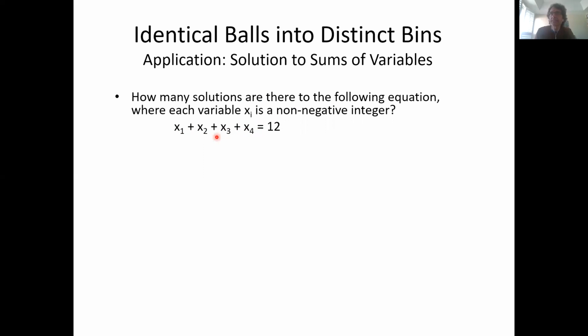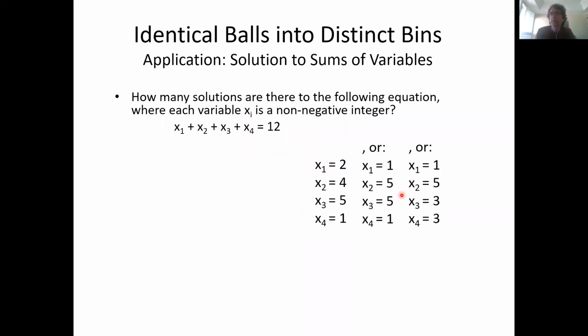Well, that's exactly the number of selections of 12 donuts out of 4 flavors, because this is how many donuts of flavor 1 I'm choosing, and the total multiplicity of these must be 12. So I have 12 units that I have to distribute between these 4 variables, and the minimum value is 0, because they are non-negative. So this is exactly the problem of choosing 12 donuts with 4 varieties, right?